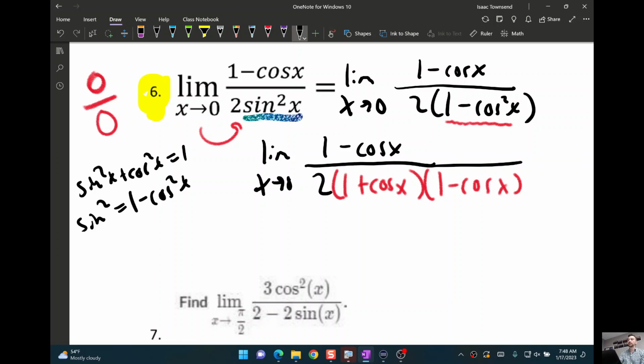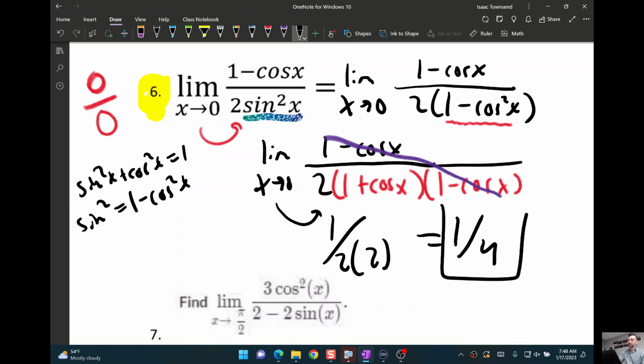And again, your hint is you knew something needed to cancel, so somehow some of that was supposed to become a 1 minus cosine. And now that something has canceled, try plugging it in. Looks like we get a fourth. And a fourth is a real number, so I suspect that that would be my answer.